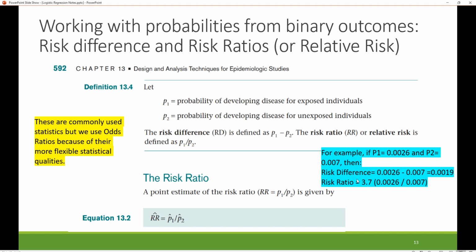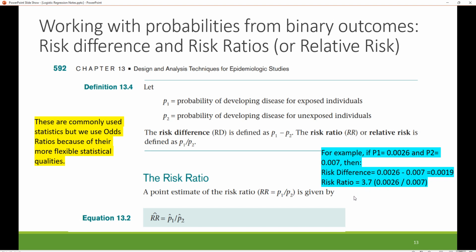Then we can calculate the risk difference, which is just P1 minus P2. 0.0026 minus 0.007 equals 0.0019. Or we can do a risk ratio, which is just those two numbers, one divided by the other, and that gives us a risk ratio of 3.7.